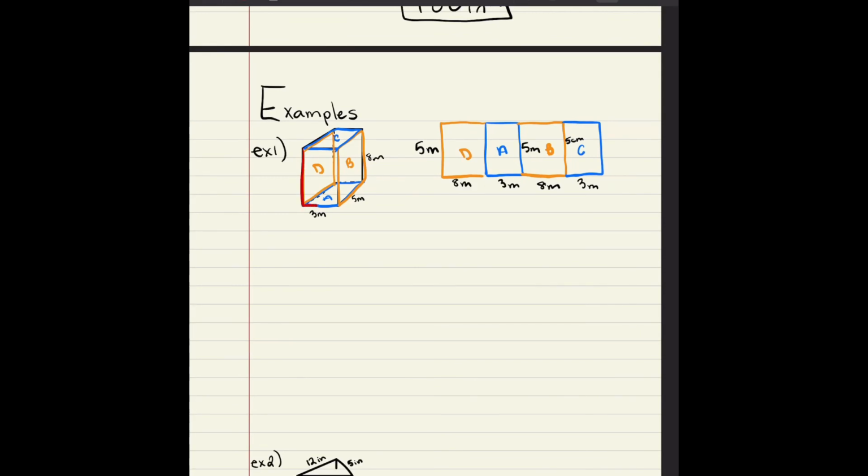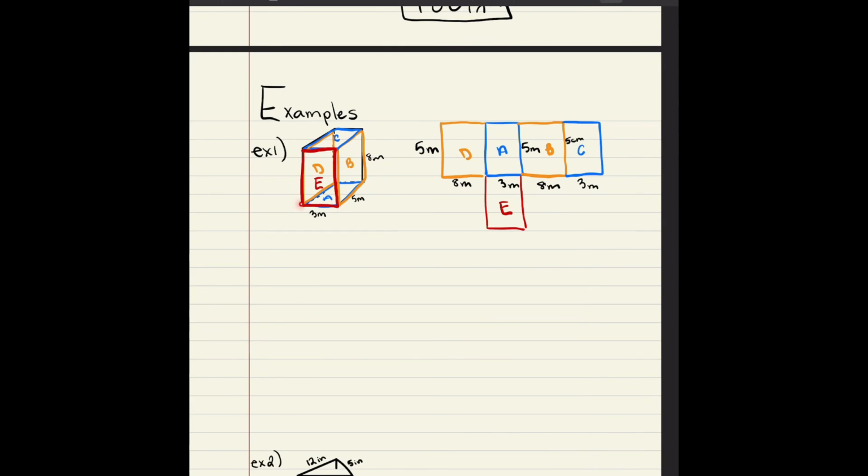Now the front base, which is here. So that's coming off, it's folding forward. So this is E. Since I'm imagining that this shape is folding forward, so see how it's folded forward? The shared side is here and here. So it's 3 meters, which we can see is still labeled.